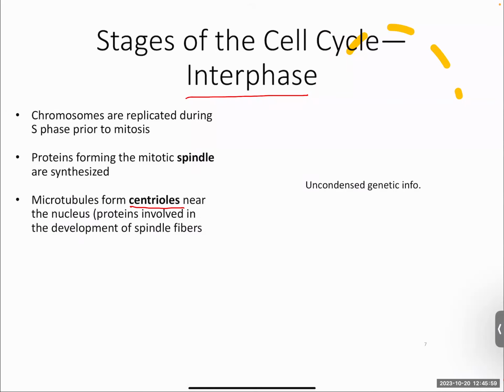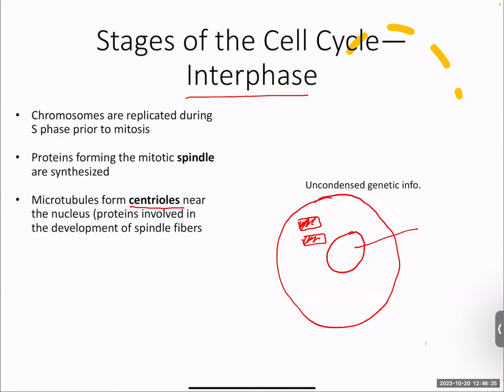And centrioles are, and I had a picture here, but apparently it's not loading, these little structures that look like a star if you look at them as a cross section, but if you look at them from the side, they look like little cube-shaped structures. So if this is my cell, this is my nucleus with genetic information in the form of chromatin, basically doubled during interphase.